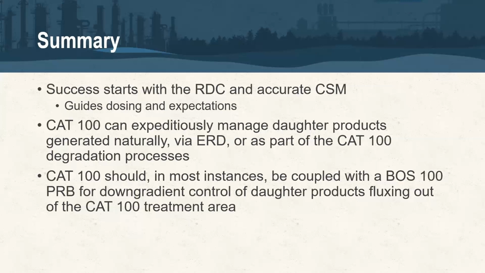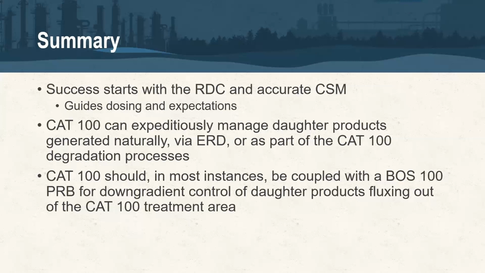And lastly, and I know I've driven this home a couple times, if you've got an existing ERD site that's got some daughter products, and we work on those sites too, where maybe you're injecting an emulsified oil upgradient and we're just dealing with the downgradient PRB piece.